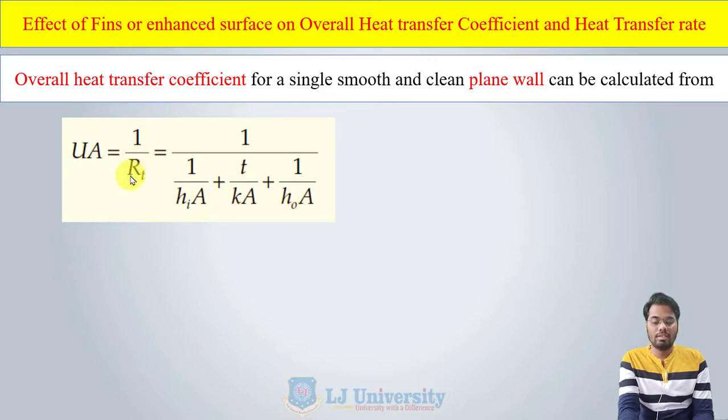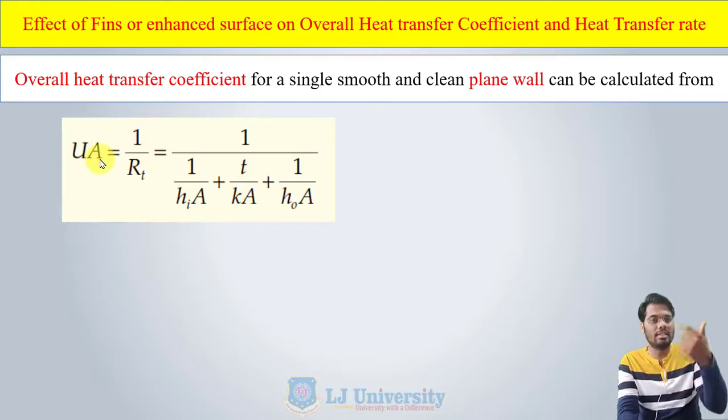The overall thermal resistance, 1 upon UA, is RT. U is the overall heat transfer coefficient. Here the surface area, or the cross-sectional area, for the convection and conduction is the same. So for the wall, the overall heat transfer coefficient will be 1 upon hi plus t by k plus 1 upon ho.